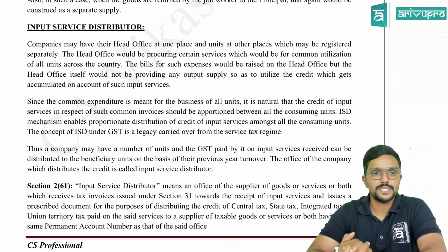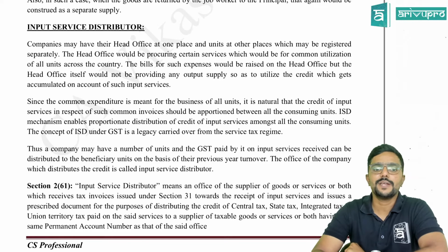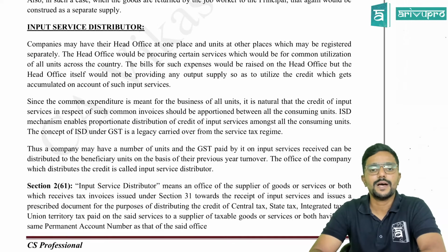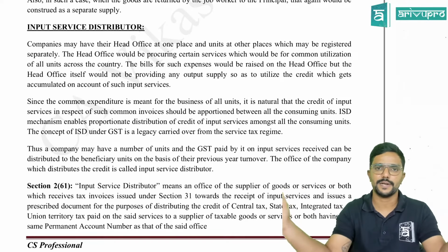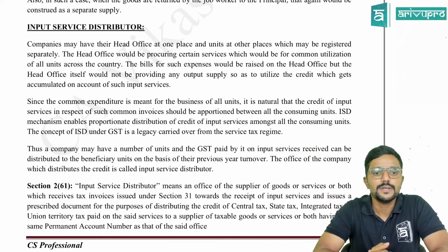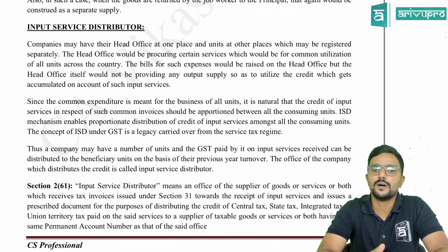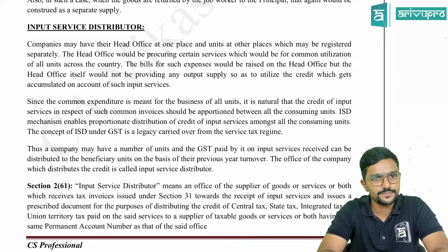Input service distributor. Companies may have their head office at one place and units, meaning branches, at other places, which may be registered separately. So they are registered separately, so distinct persons. The head office would be procuring certain services which would be for common utilization of all the units across the country. So the head office has taken some services.